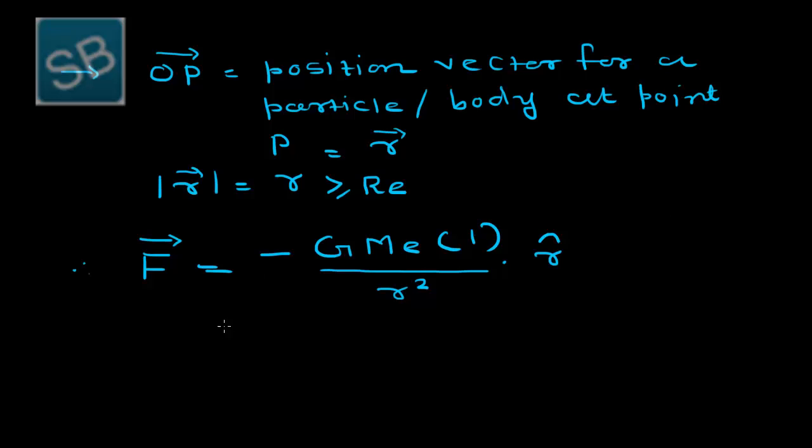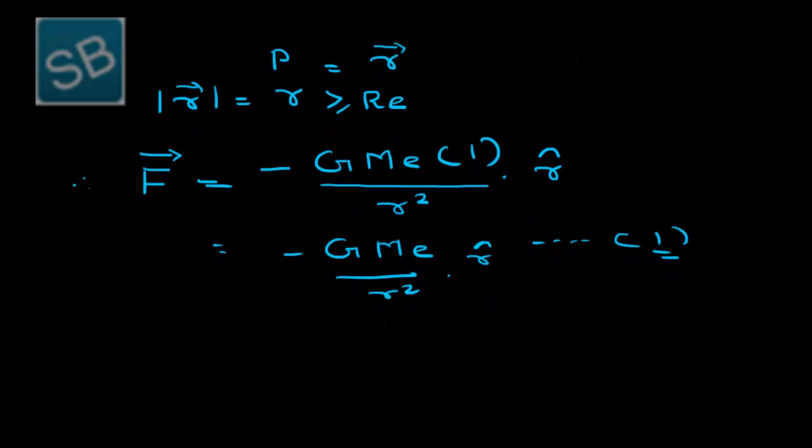Why? Because the value of r is changing with time, and so this force is not constant but changes with the value of distance. So I am taking this result as number 1. So it is the value of variable gravitational force.